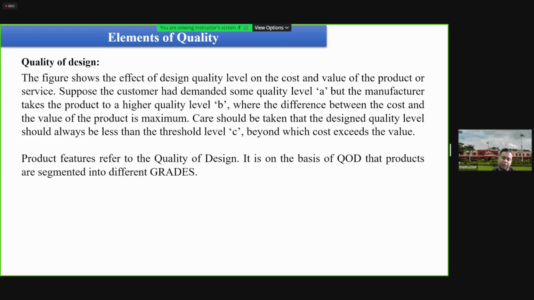When we talk about functional requirements, we are talking about the tolerance limits. Non-functional requirements may be things like aesthetics, which can also be specified to a certain extent during the quality of design phase. So this is the first element of quality.